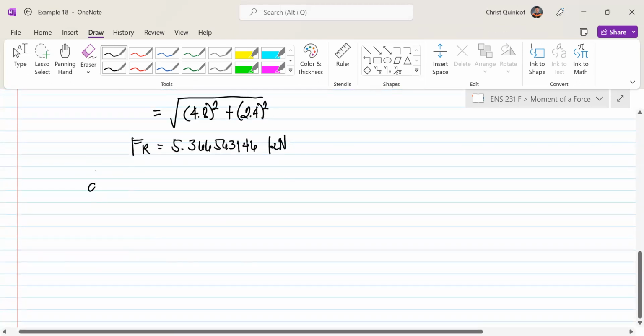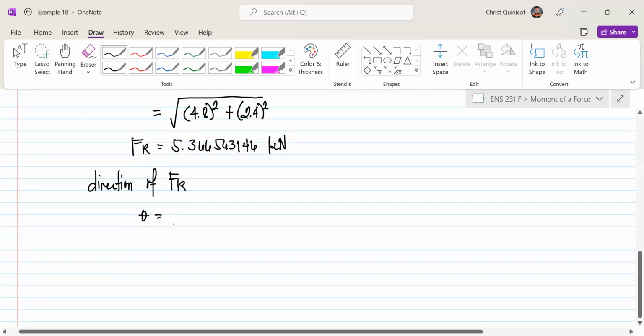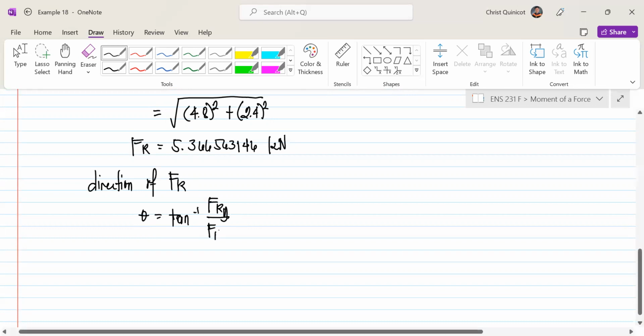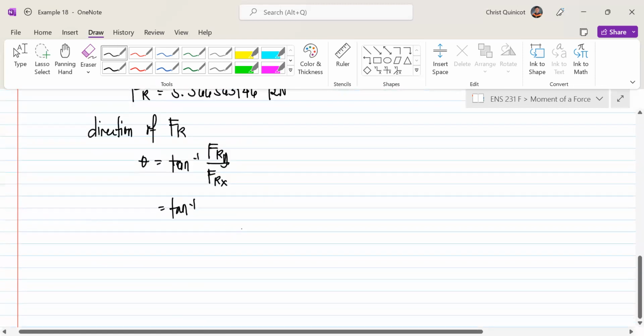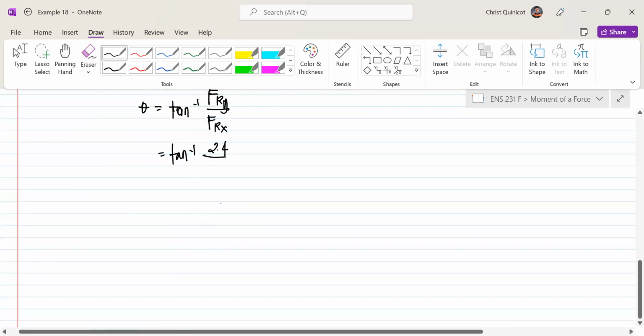And of course, the direction of F sub R. Theta is equal to the inverse tangent of F sub Ry divided by F sub Rx, which is 2.4 divided by 4.8.